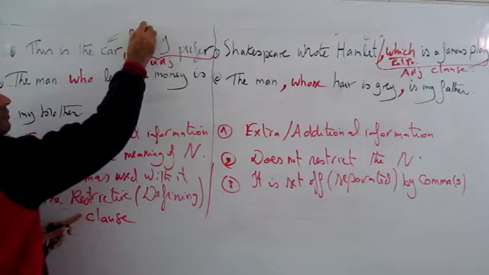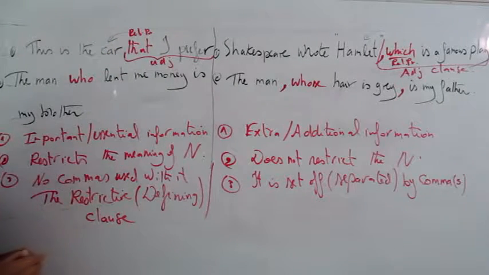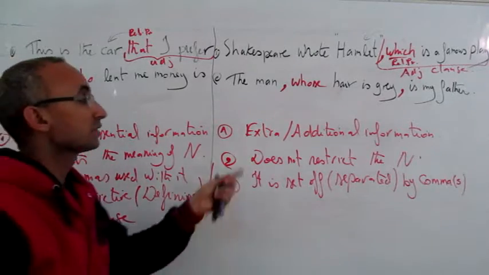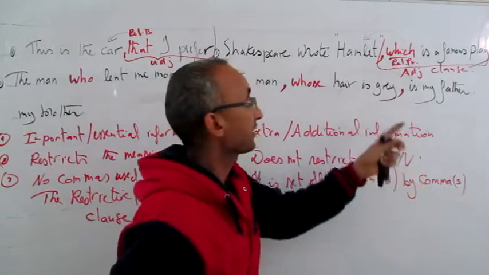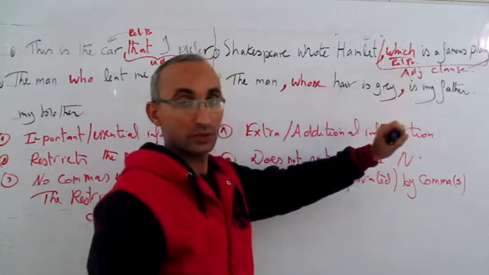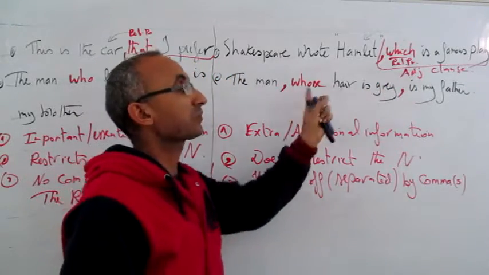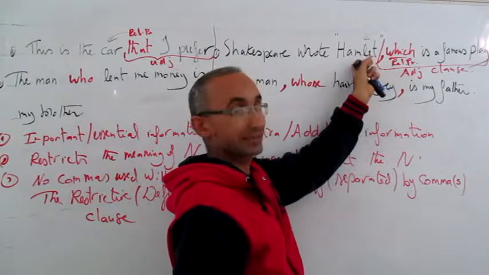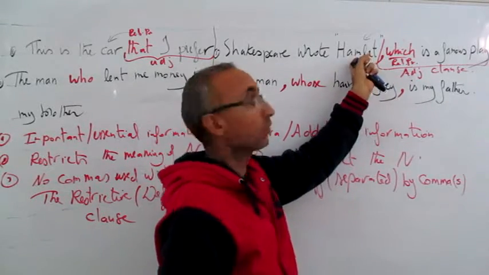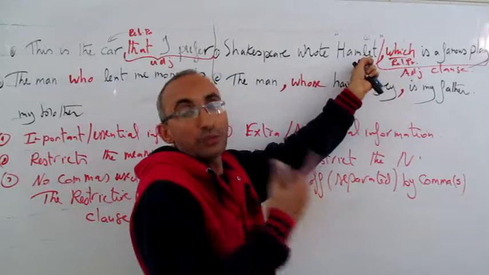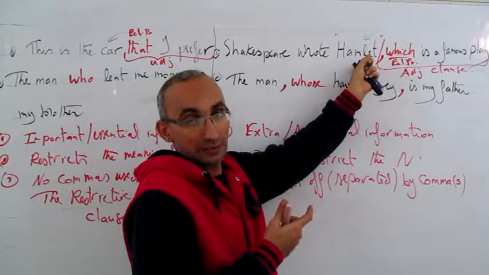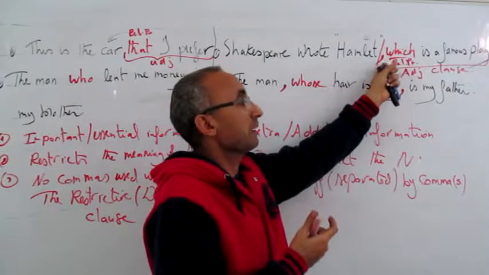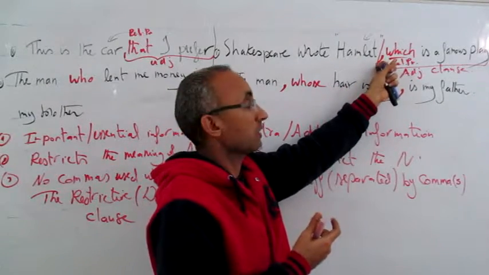Clear? Relative pronoun. Good. On the other hand, I have this clause which gives only extra information, and which does not restrict the noun which comes before it and which it refers to, because the noun is already determined, limited, specified, clear, and it is set off by a comma or commas.